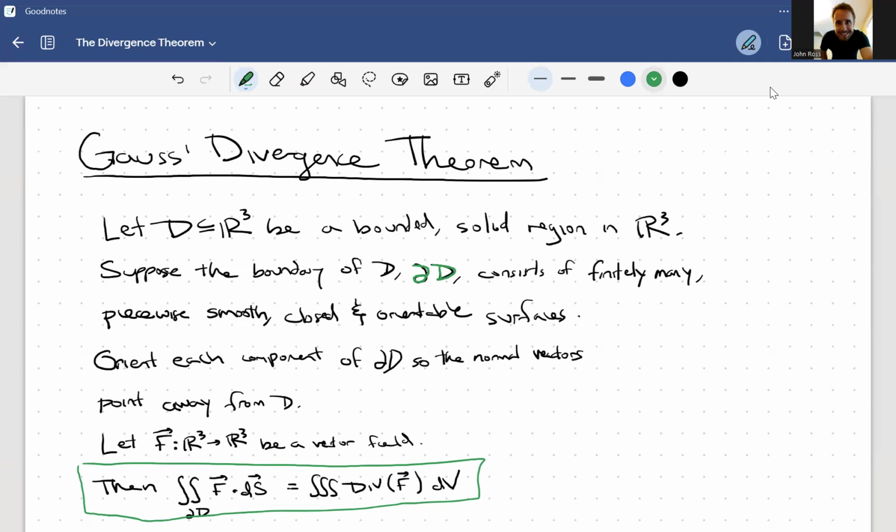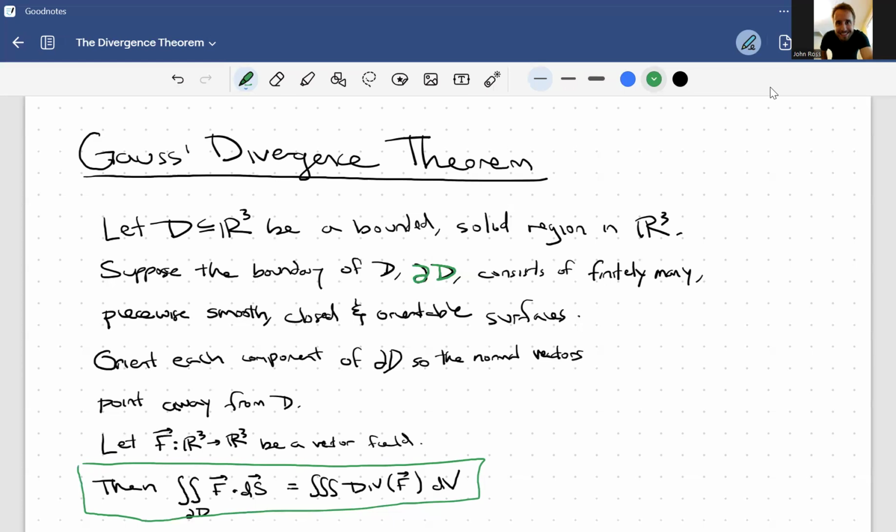Bounded just means it doesn't go off to infinity, so think like a sphere or a cube or a parallelepiped or a rectangular prism of some sort, but it's bounded, so it's not infinitely large. And it's solid in the sense that it's not a surface and not just a scattering of points. It's actually a 3D region sitting inside of three-dimensional space.